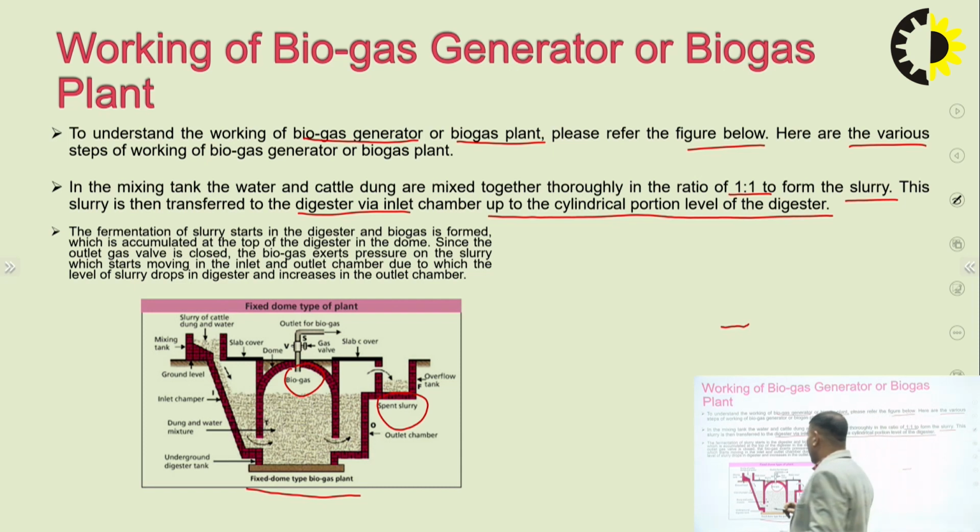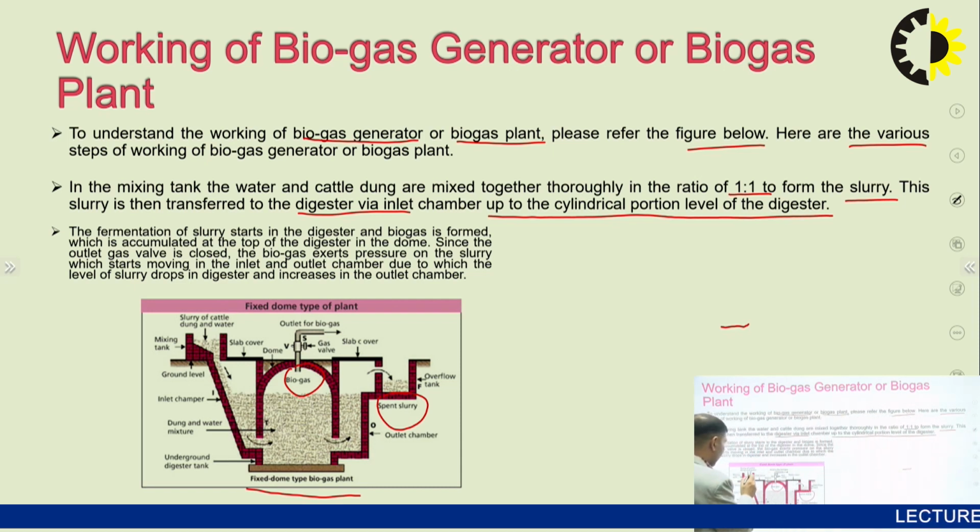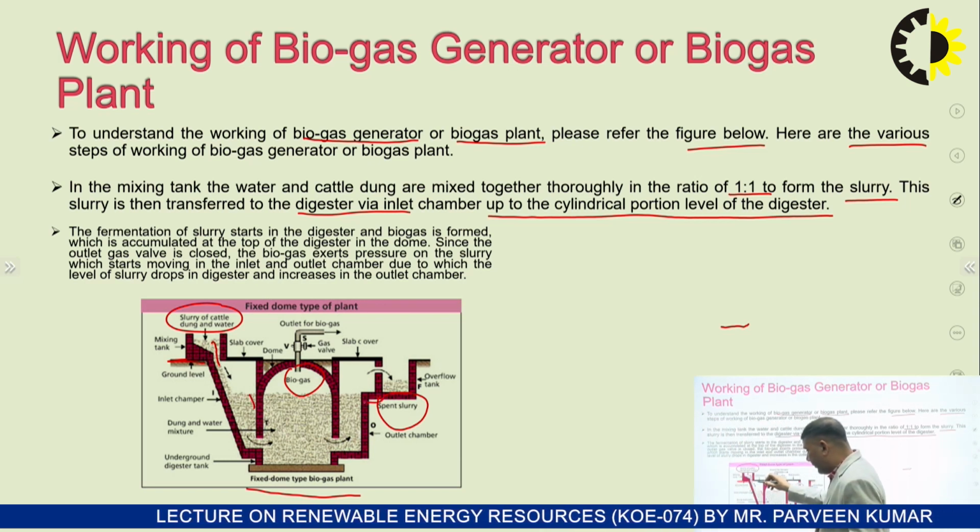If you see here, this is a fixed dome type structure. A slurry of cattle dung as well as water is fed into a mixing tank. We have the inlet here, then this is ground level, then this is the inlet chamber.